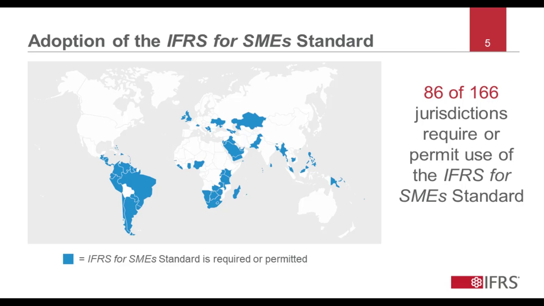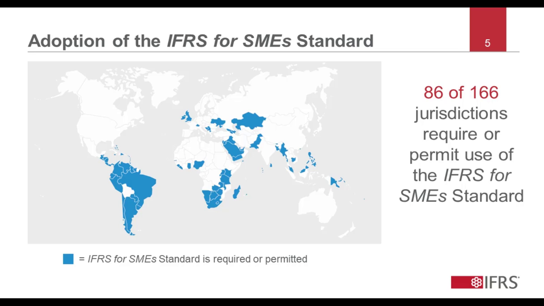However, I think it's worth saying this map significantly underestimates the use of the standard. This is because we have found that many jurisdictions use the standard to help them develop their own local accounting standards. For example, many jurisdictions in Europe have chosen to apply their national standards for small companies, but what they set out sometimes is an inadvertent process of converging with IFRS for SMEs.